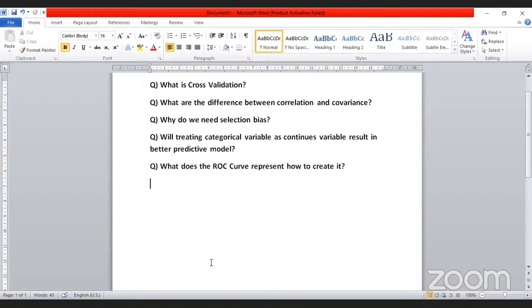Okay, this is the ROC curve. In this manner we will plot the ROC curve, right?